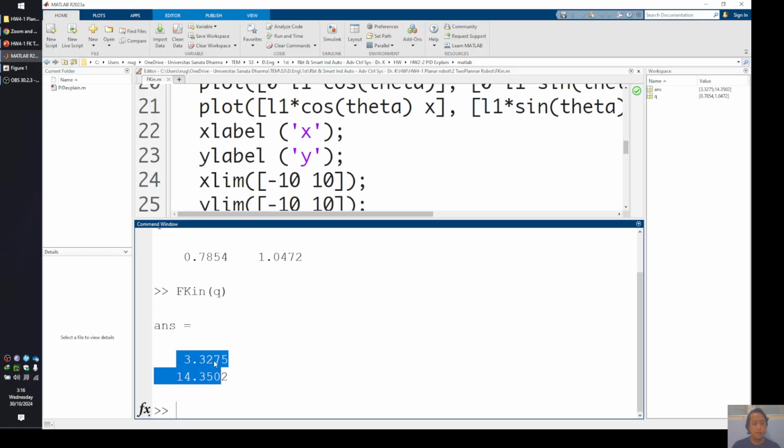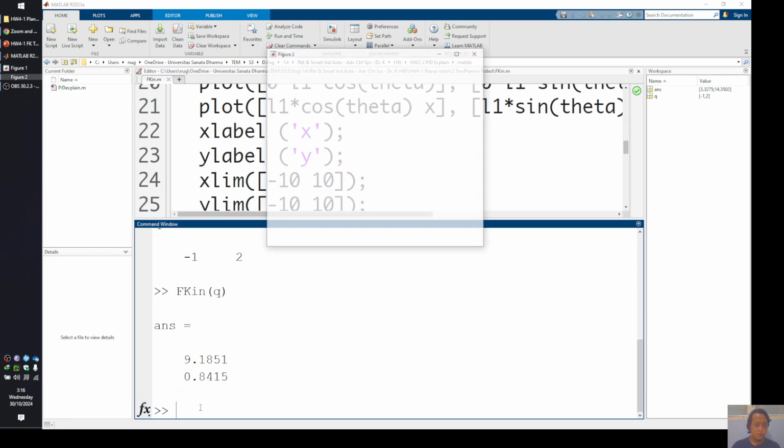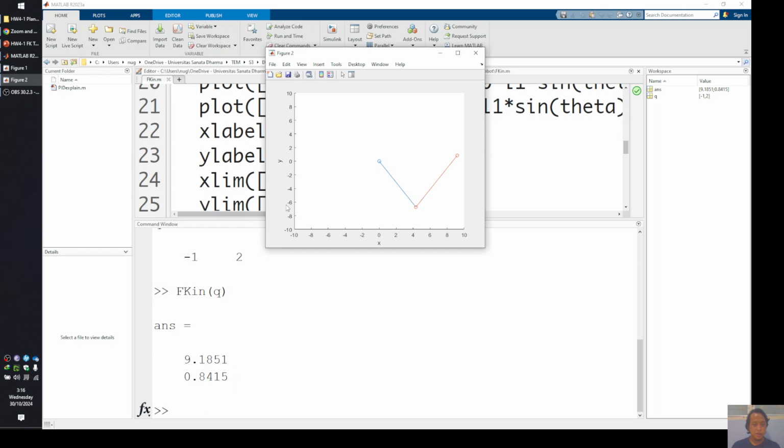Okay, and then if we change Q so that theta is -1 radian, and phi is 2 radians, we calculate that, and then we got this.